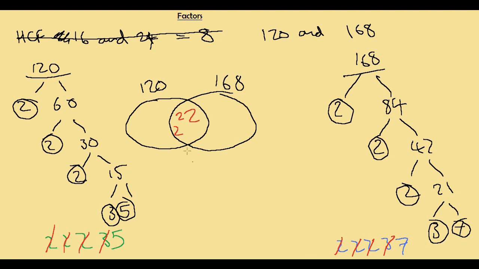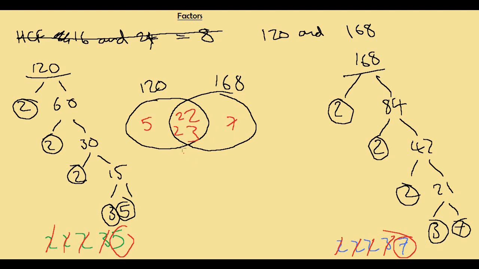So the 3 goes in there as well, but this 5 is not common with the 168 list, so I'm going to put the 5 outside of that bit. So the crossover bit here is just where the common prime factors live. This 7 will go here because it's not common to this list.